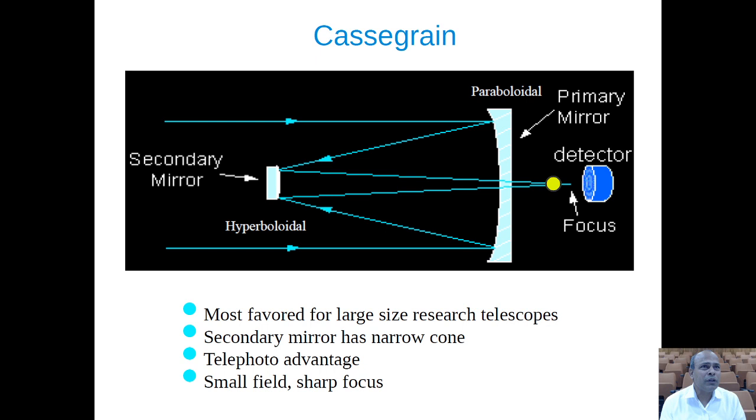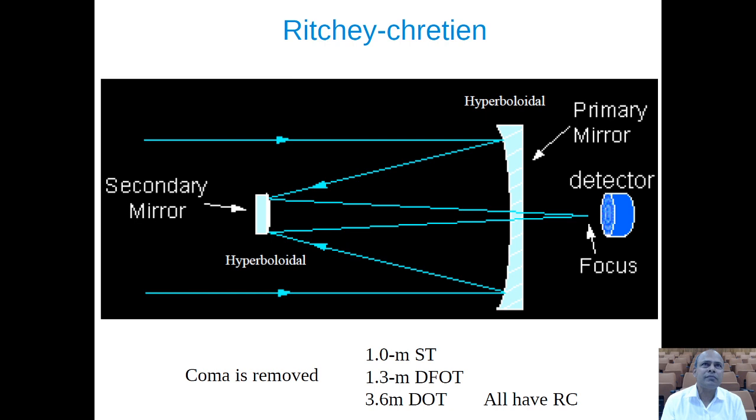This is the most favored optical telescope configuration for large research purpose telescopes. Here the secondary mirror has a narrow beam, narrow cone, and as a result you get a very large effective focal length. So this is used for small field and sharp focus, when you want a sharp focus.